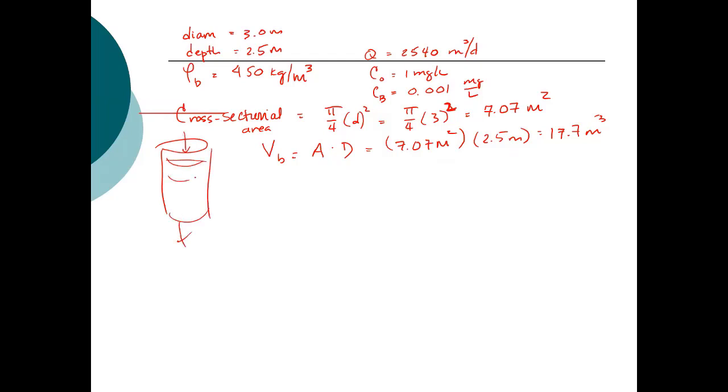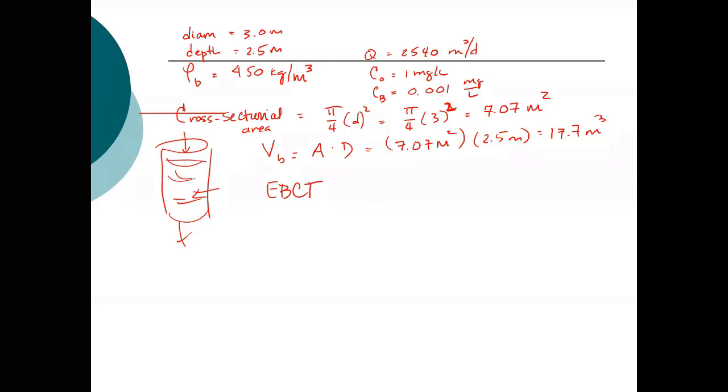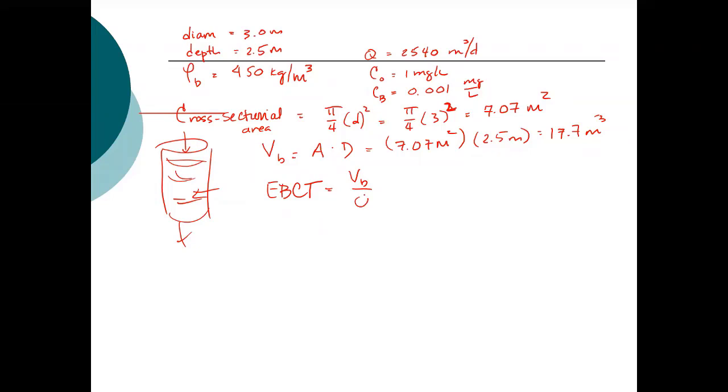The volume of carbon in this column is 17.7 cubic meters. The empty bed contact time is the volume of the bed divided by your flow rate, and that is 17.7 cubic meters divided by the flow rate, and we'll calculate this in minutes, and that is 10 minutes.